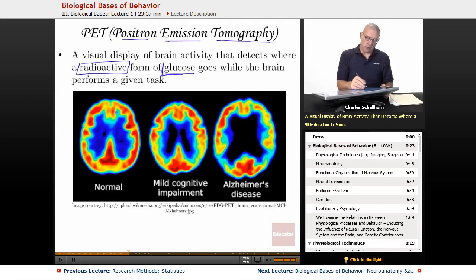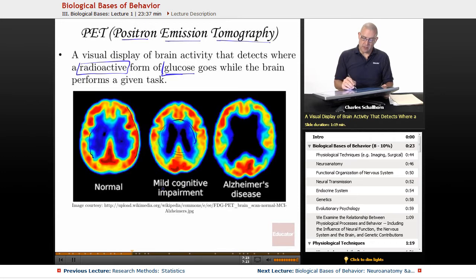And so you see here a normal brain where you've got a lot of the brain being active on the cerebral cortex on the outside, and then some blue, the less active but still active areas toward the center of the brain. A mild cognitive impairment, you'll notice that a lot of area in the middle is going to be not active.